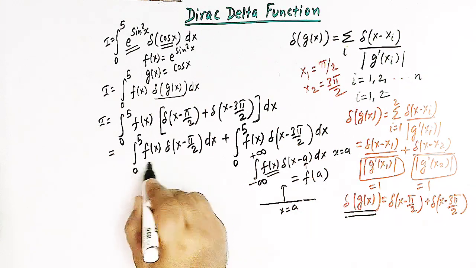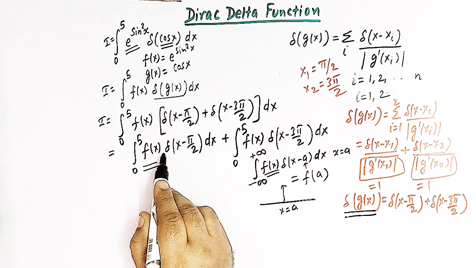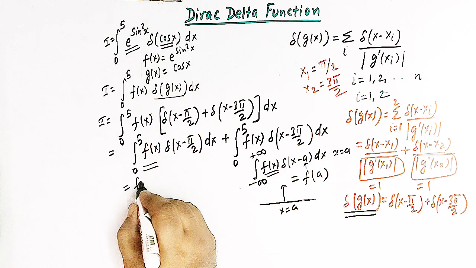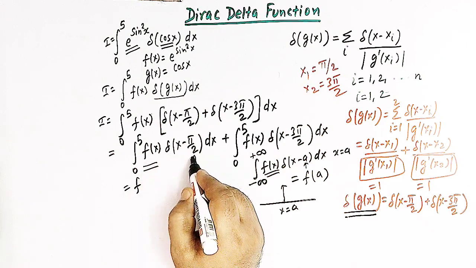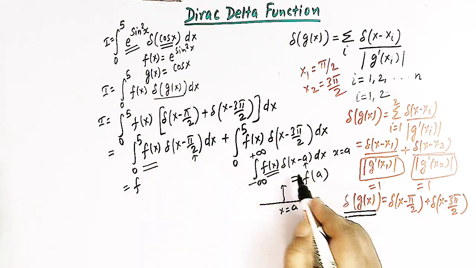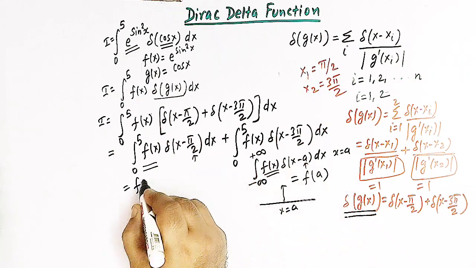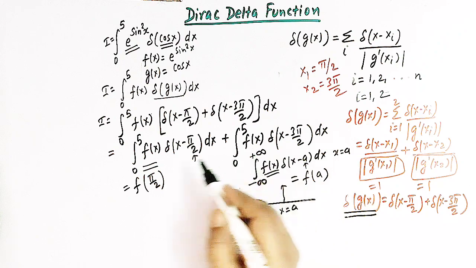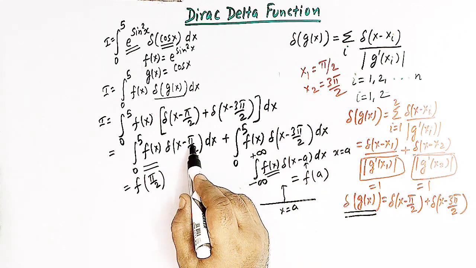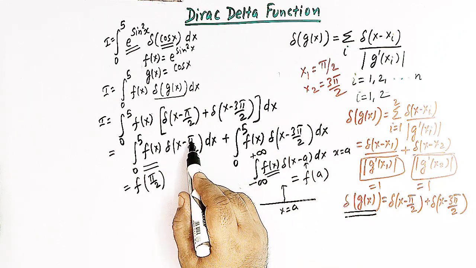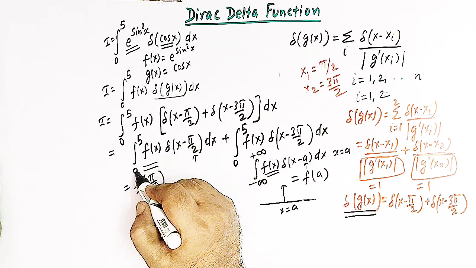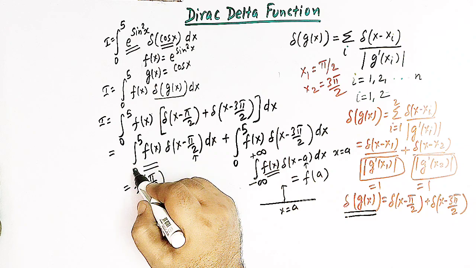So the value of this integral is equal to the value of the function f of x at this point, that is pi by 2, due to this result. So we have here f of pi by 2, and we have already mentioned that this point pi by 2, which is approximately 1.57, lies within these two limits.